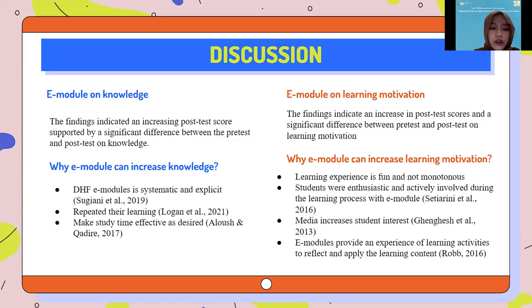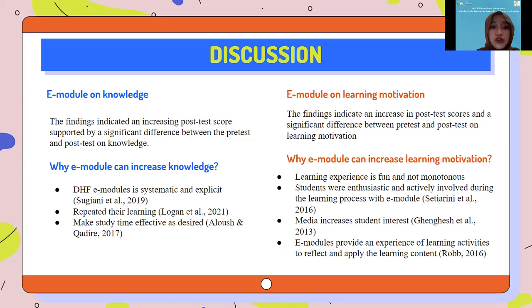And why can e-modules increase knowledge? It is because the independent learning process with the help of e-modules is systematic and explicit, so that undergraduate students can quickly learn the content of the material, repeat their learning, and make study time effective as desired.